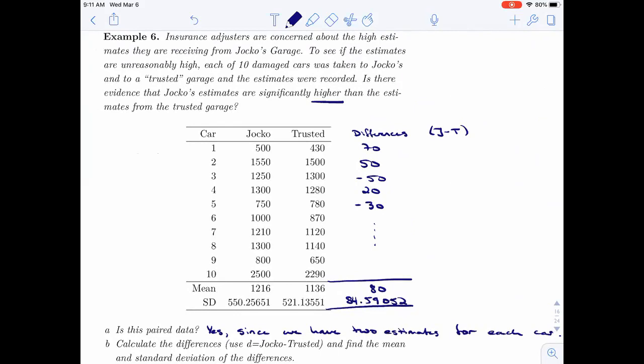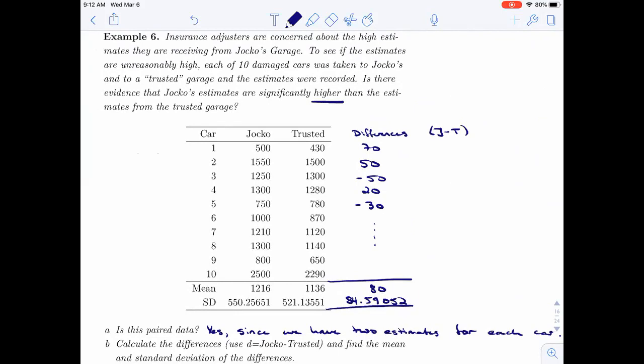One thing that you could do is, if Jocko's estimates are higher than the trusted garage, look at how you calculated the differences. If this is always higher than this one, then we would get a positive difference.